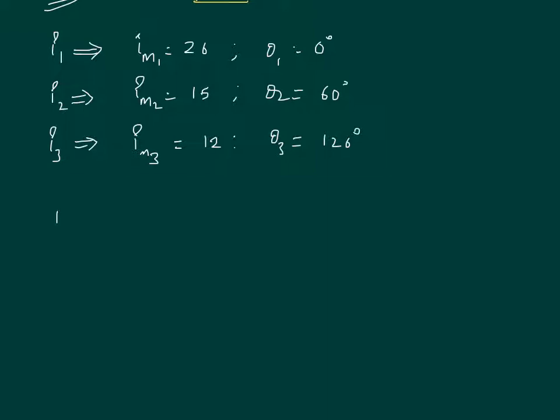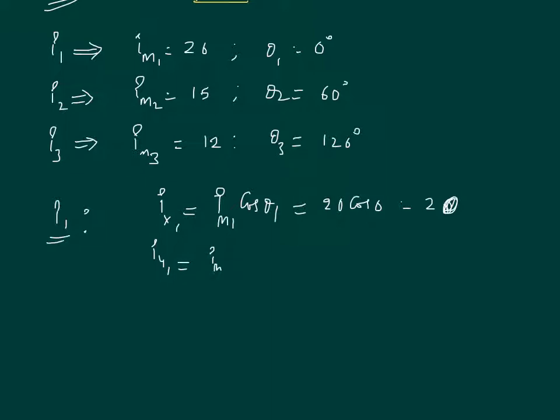Okay, now resolving every AC quantity into x and y component, right? So first for I1, Ix1 equal to maximum value into cos theta 1, so Im1 cos theta 1, Im1 is 20, cos 0 is 1, so 20. Similarly, Iy1 equal to Im1 into sin theta 1.